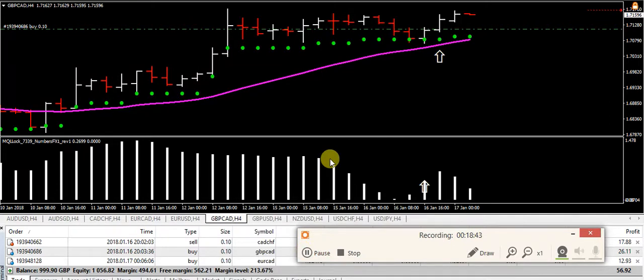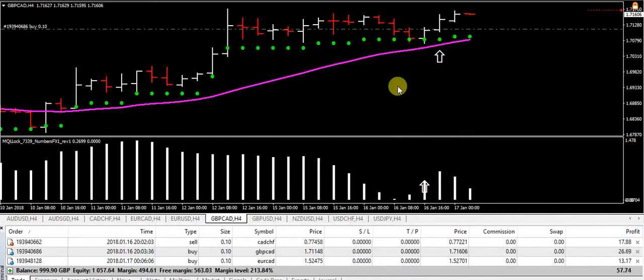Hi guys, welcome back. We're just going to come to the end of the second phase of the 4 hours. So 8 hours in total. Right, so just looking at the trades that we got here.